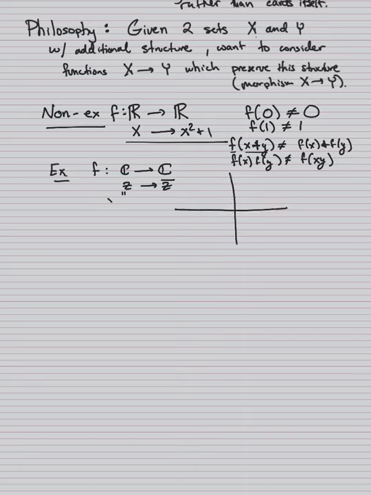So if z is equal to x plus iy, this is just x minus iy, okay? So it sends the complex number x plus iy, it just reflects over the horizontal axis to x minus iy.